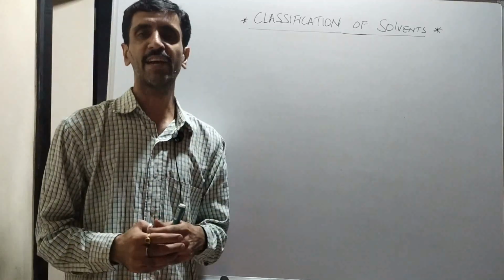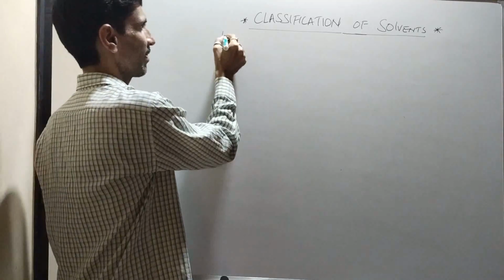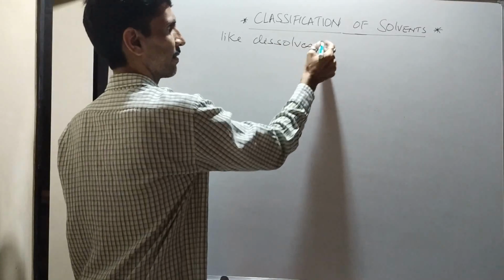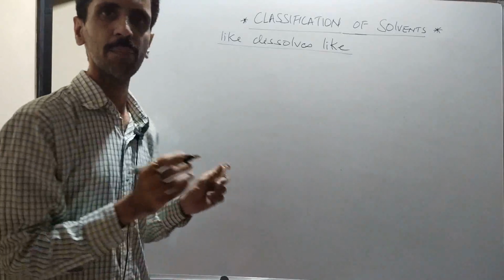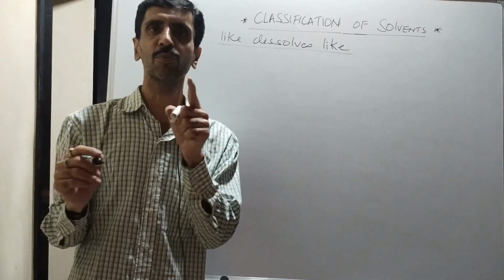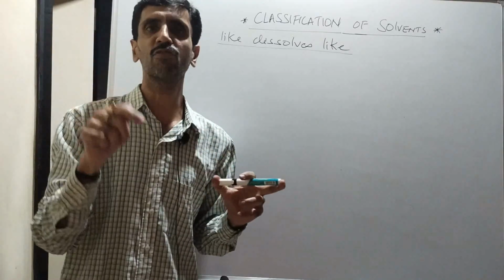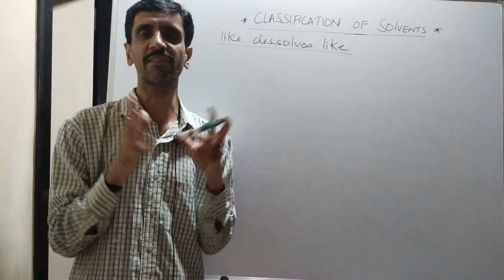I hope you have understood up to this very well. Alright, my dear friends, now we go into the second parameter, and that is based on like dissolves like. Okay, I've already explained this particular principle before as well. A general principle, it is like dissolves like. Means if the solute is polar, the solvent is polar, the solute will get dissolved. If the solute is non-polar, the solvent is non-polar, then the solute gets dissolved. That is what is like dissolves like.